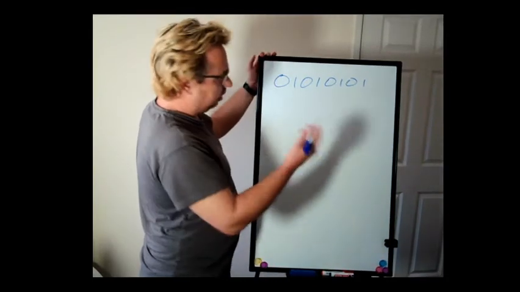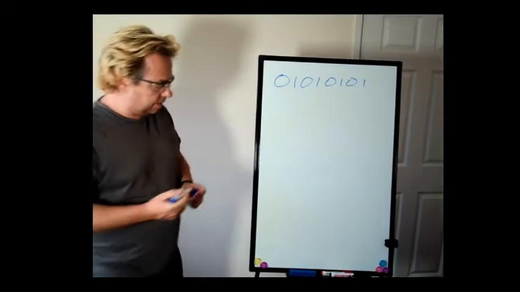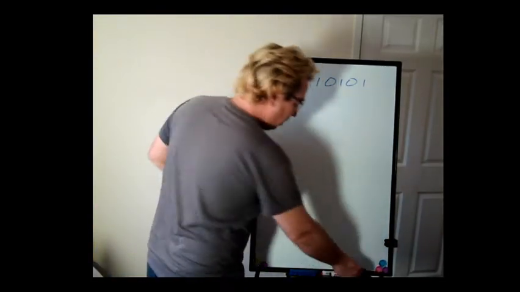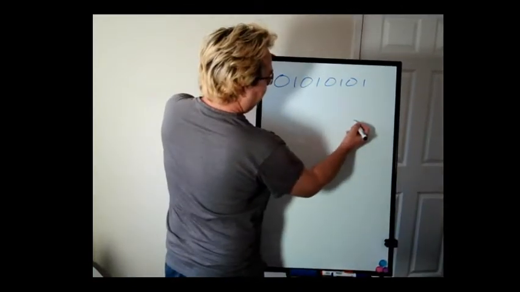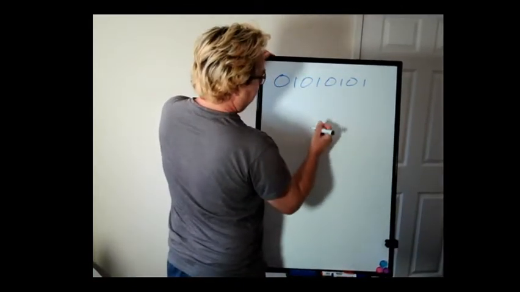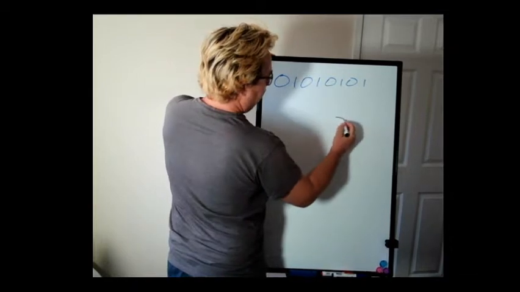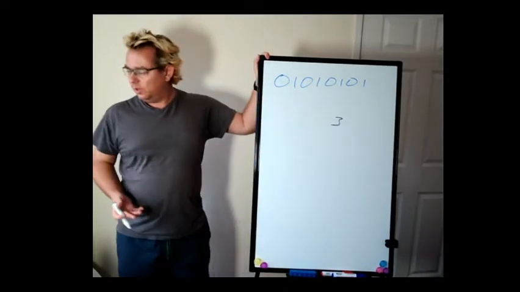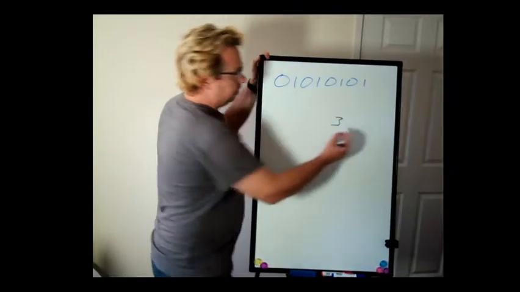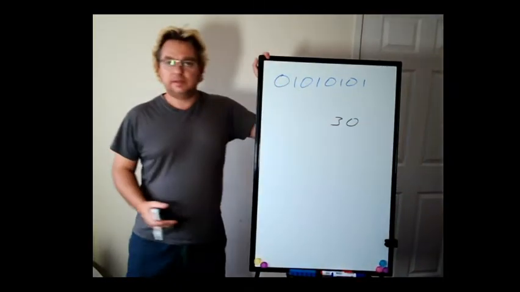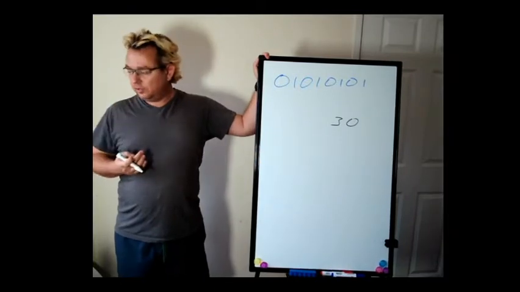The way I like to think about this is if we think of denary numbers or decimal numbers, the ones that humans use, if I put a number, let's say number 3, we would all look at that and go, that's the number 3. If I then put a 0 next to it, that would be the number 300.